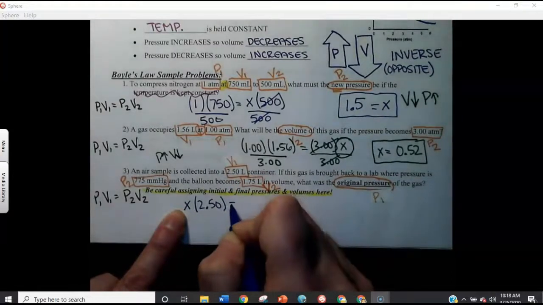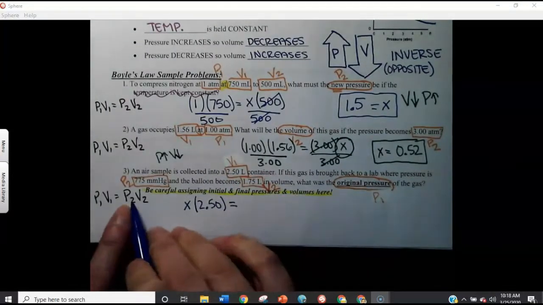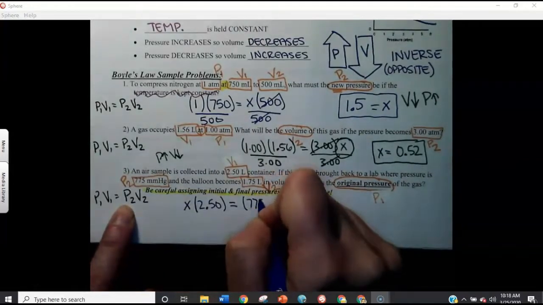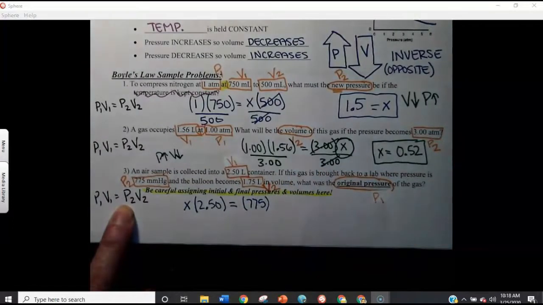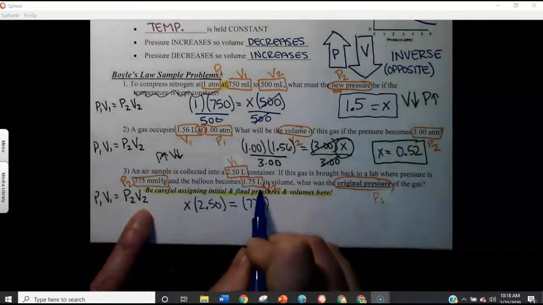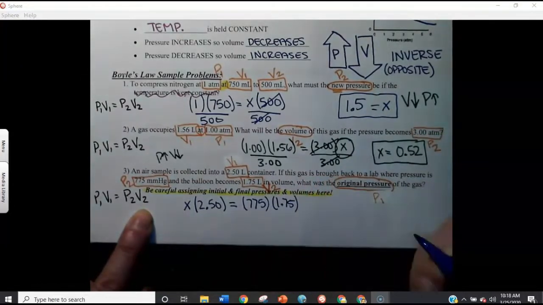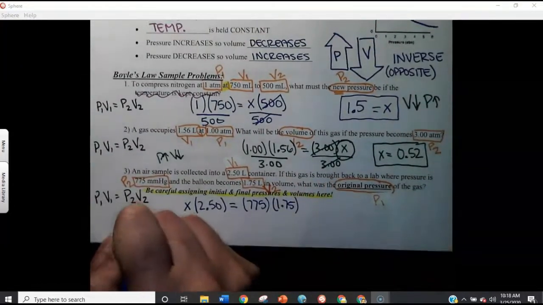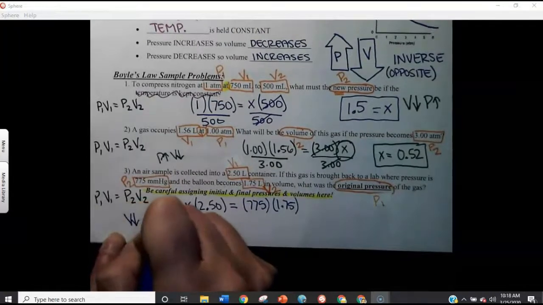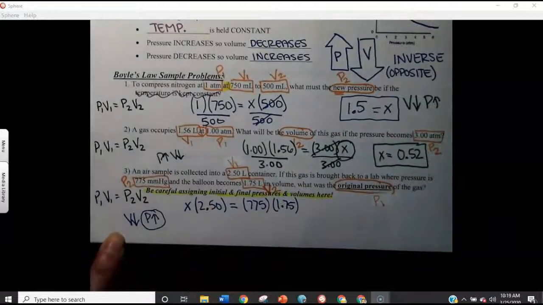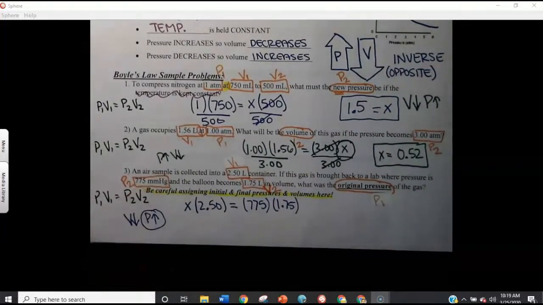So that's equal to the second pressure, which was the pressure in the lab, of 775 mmHg, and the volume became this second volume of 1.75. So I can tell my volume is decreasing in this problem, so my pressure better be increasing. My pressure should be bigger than that one.